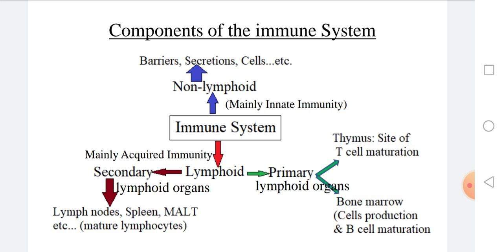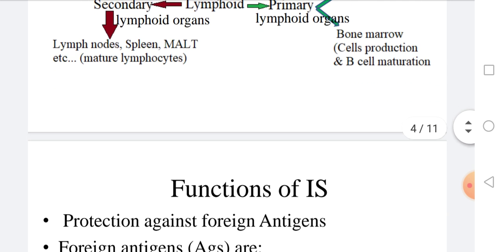The mature lymphocytes are found in the secondary lymphoid organs. The lymphoid immune system in general, its function is mainly acquired immunity. And still there is an interaction between the non-lymphoid and the lymphoid components.